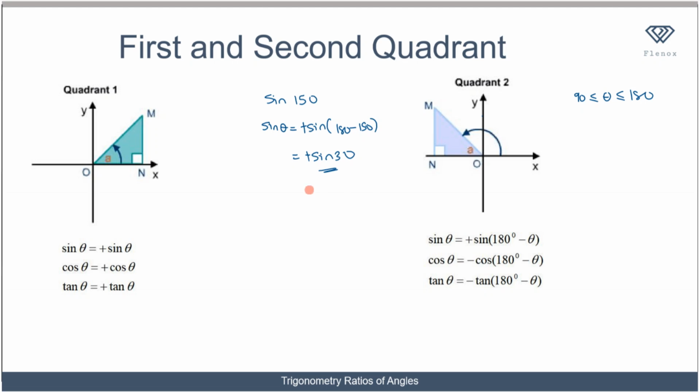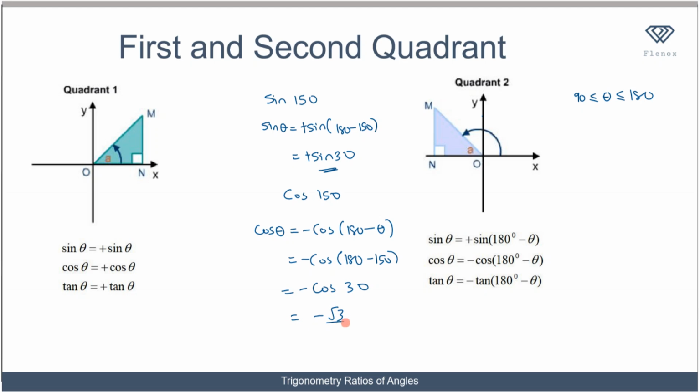Let's assume now that we're supposed to find the value of cos 150. So the relationship here tells me that what? That cos theta for the second quadrant is equal to minus cos 180 minus theta. So that will be what? Minus cos 180 minus 150. And that will be minus cos 30. And that will be what?